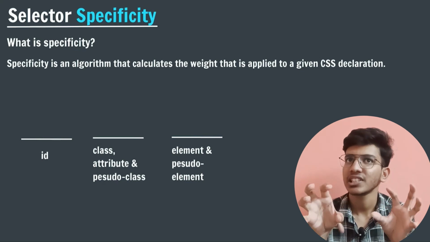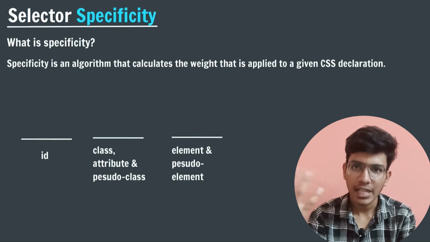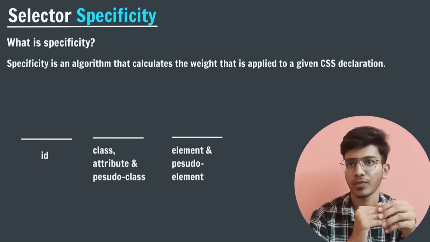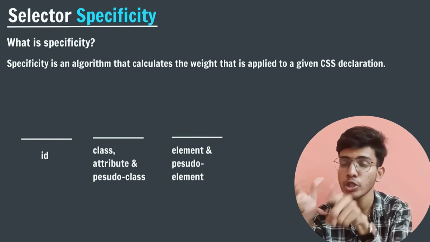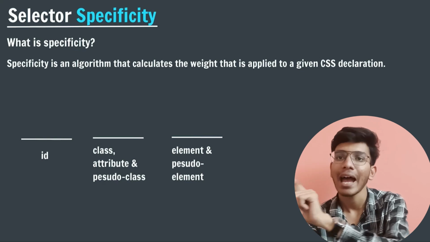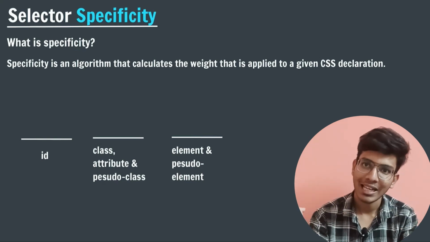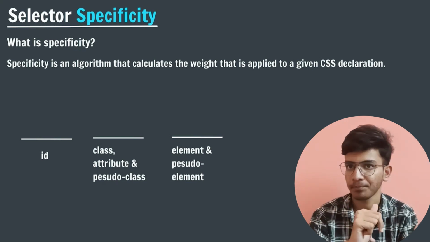Now in CSS we have an algorithm called the specificity algorithm, and this algorithm tells which selector holds the highest priority, and the styling corresponding to the highest priority gets applied.